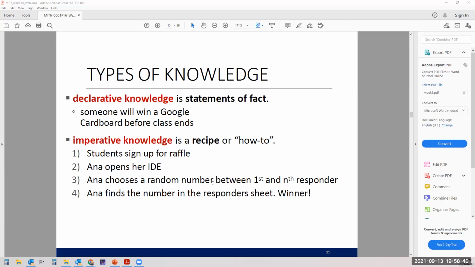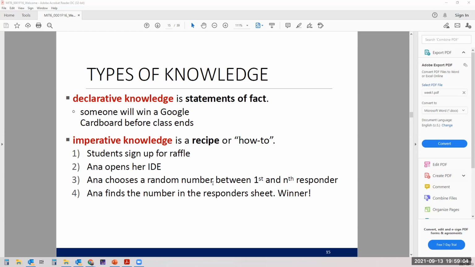So the students will sign up, then Anna opens her IDE, then she will choose a random number. This random number is associated with a certain student, and then we will announce that student number 17, for example, is the winner. Who's 17, X?